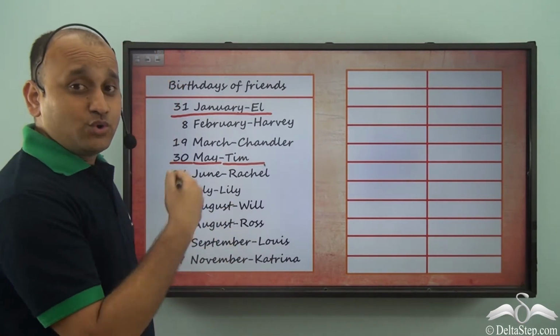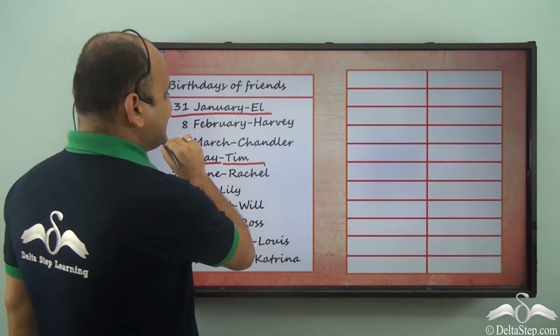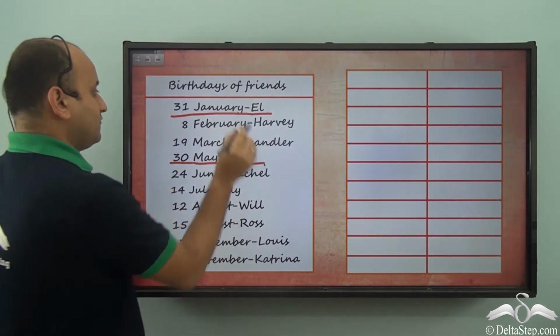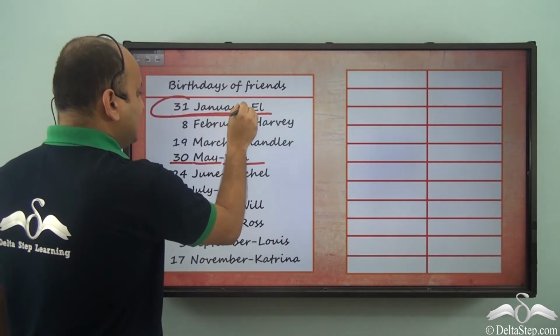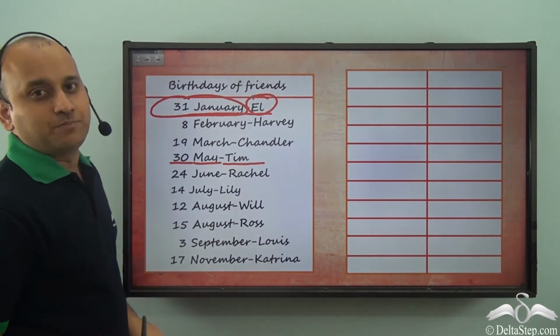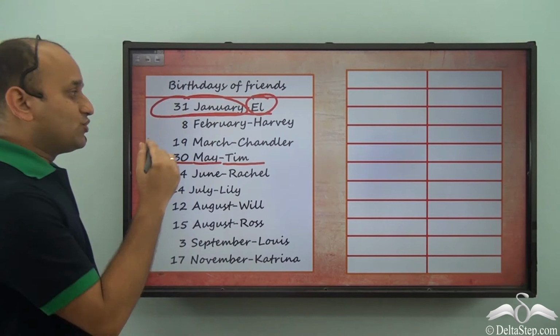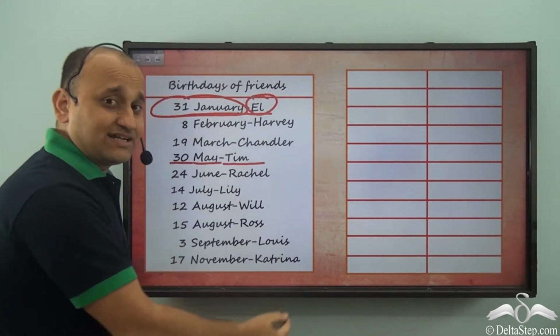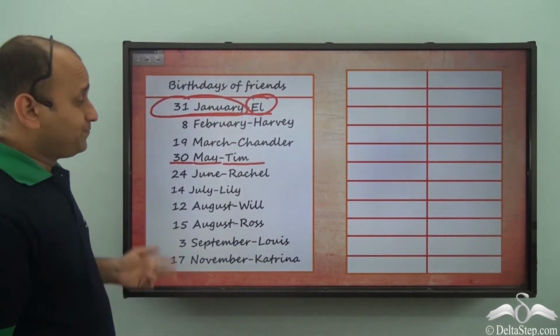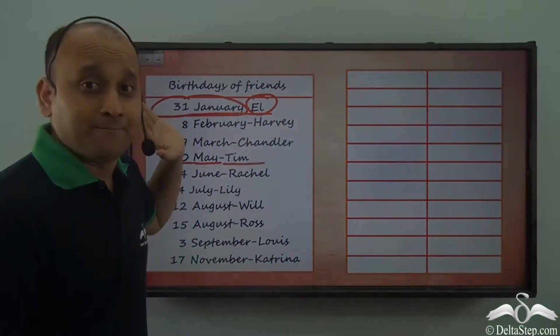So what can we do in a table? Well, mainly you can divide this data into two parts. First is the birthday and second is name of the person. So if you divide it into two parts, then you can actually represent this data in a different form. So you have date and you have name.